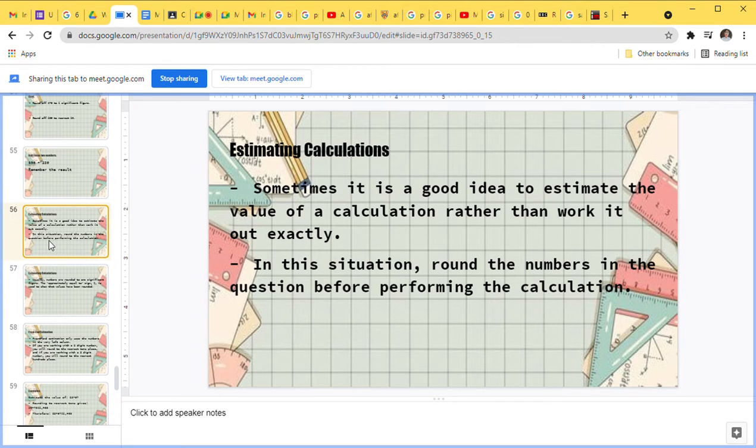Estimating calculation. Sometimes it is a good idea to estimate the value of a calculation rather than work it out exactly. But what does this mean? For example, when our mother sends us to the shop, sometimes she tells us to buy a pack of bread and, let's say, a peanut butter, right?